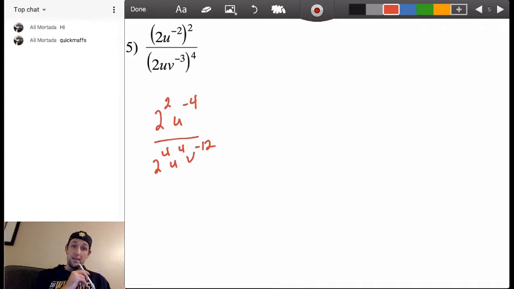What I might suggest on this one, and this is kind of a special trick that you can do, is if you move negative exponents from denominator to numerator, or the other way around, you can turn them positive. So I'm going to take these 2 terms right here and switch them, and then rewrite the problem using only positive exponents.